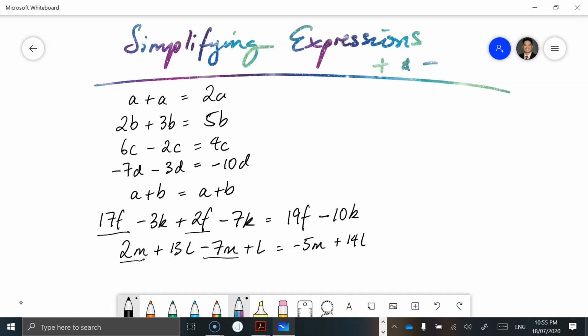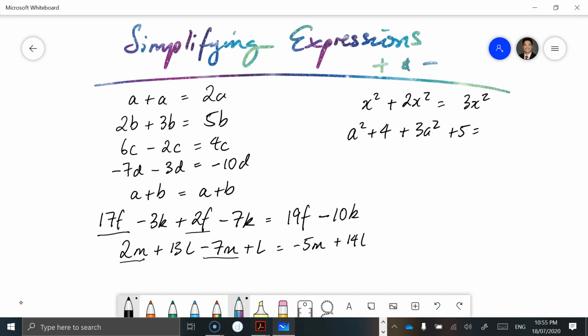I want you to also keep that in mind when it comes to things with indices and powers. So x squared plus 2x squared is 3x squared. The variable term is squared, and we can only add other terms that also have a squared. What I mean by that is, if we have something like a squared plus 4 plus 3a squared plus 5, you combine only the things that are alike.